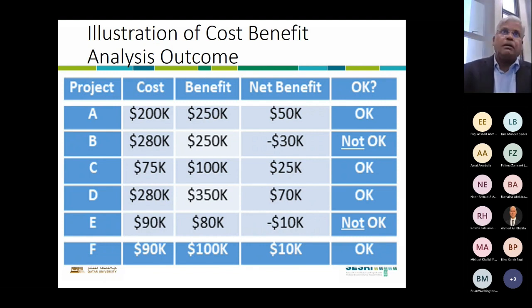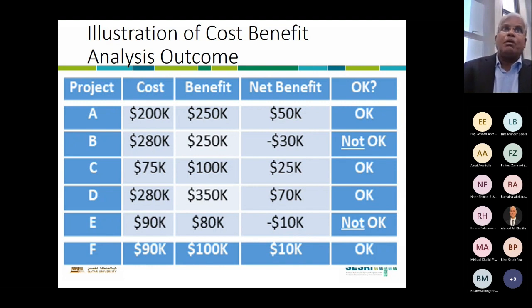The benefit accrued for each is also estimated. For example, the average cost invested is 90K, the benefit achieved is 100K, and the net benefit is 10K.